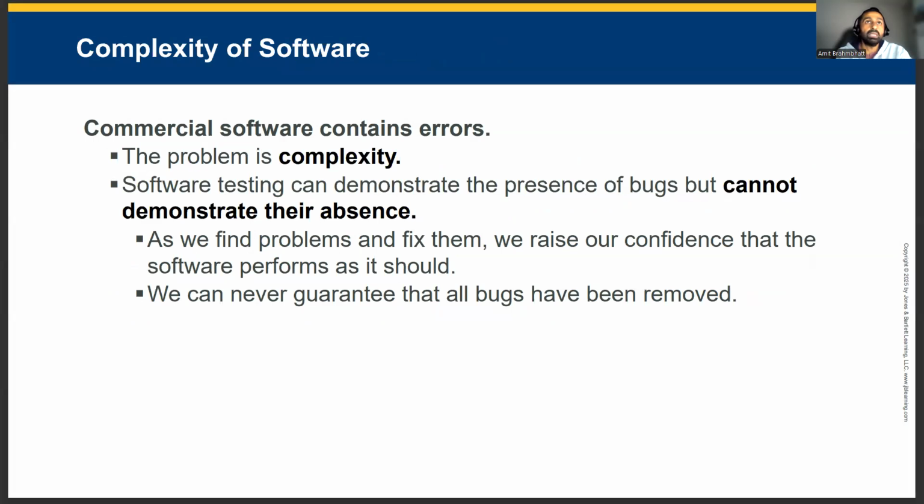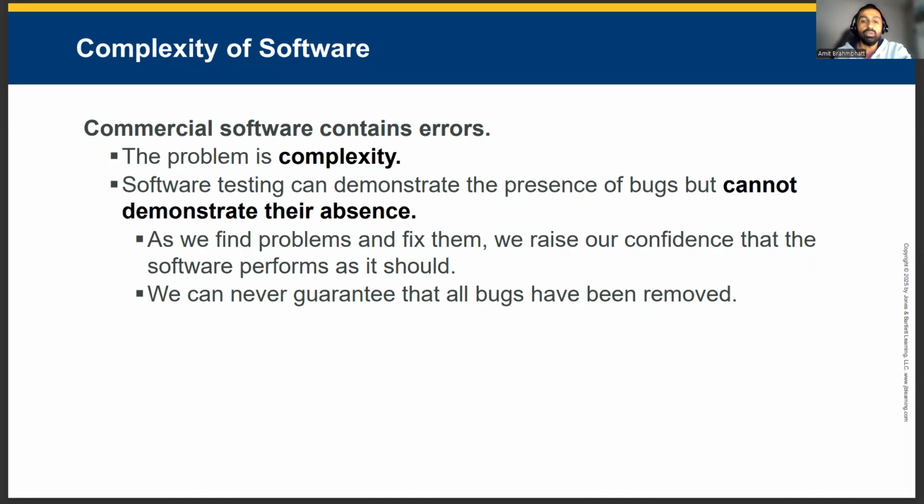The complexity of software. The problem is complexity. Software testing can demonstrate the presence of bugs but cannot demonstrate their absence. As we find problems and fix them, we raise our confidence that the software performs as it should.